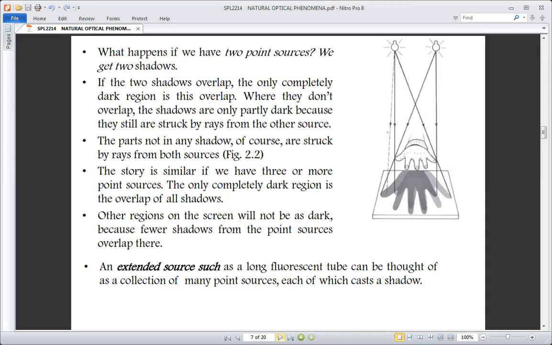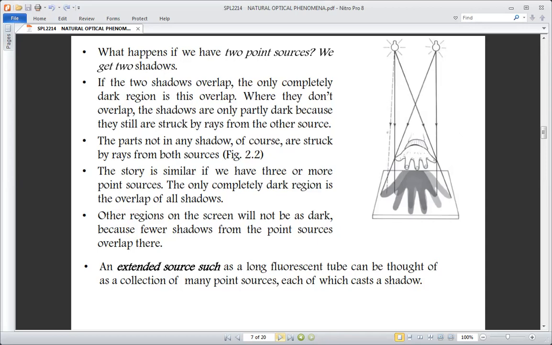An area that has both shadows overlapping will be darker compared to the rest of the shadow. So that's what happens when you have two, sorry, not two shadows, but two sources of light. Each light will produce its own shadow the normal way. But the area where the two shadows overlap will be darker compared to the rest.